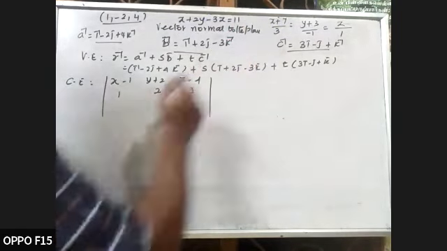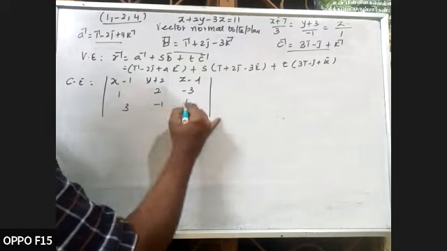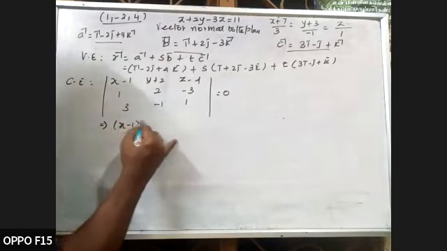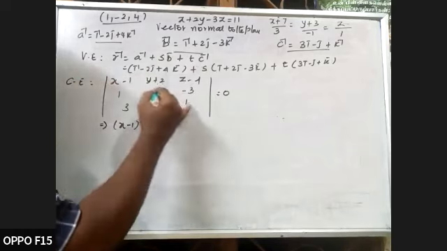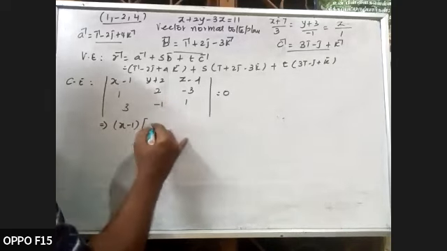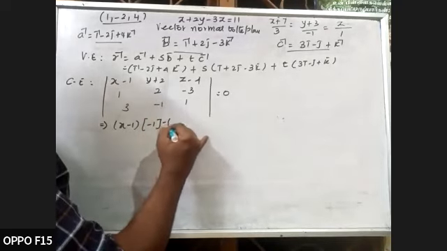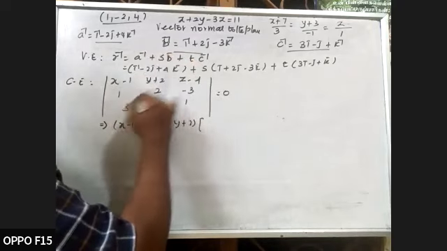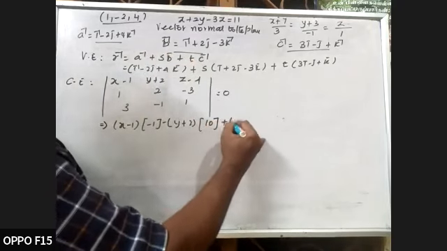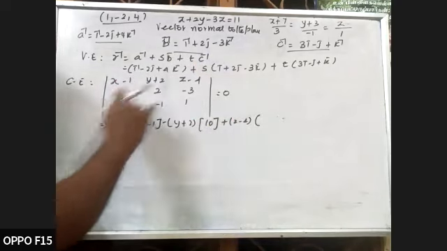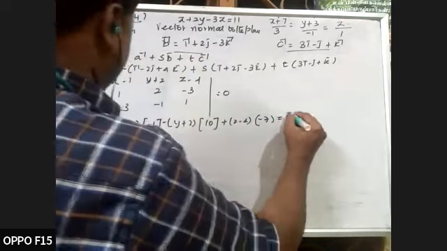In this we have 3 minus 1, 1 equal to 0. That's all. We can easily find out x minus 1 into this row, this column, this row, 2 minus 3, which equals minus 1. Minus of y plus 2, this column, this row, 1 plus 9, which equals 10. Plus z minus 4, this column, this row, minus 1 minus 6, minus 7, equal to 0.